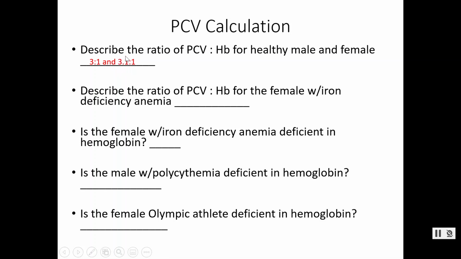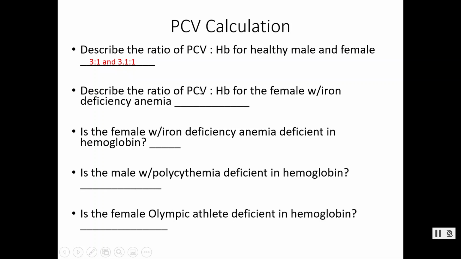Females tend to lose some of that blood during menstruation and are a little bit more prone to iron deficiency anemia and things like that. So that ratio is just slightly different. But here, notice that these are different, right? 3 to 1 and 3.1 to 1, right? So if you had rounded this, these would have been identical and you would have lost valuable information there.